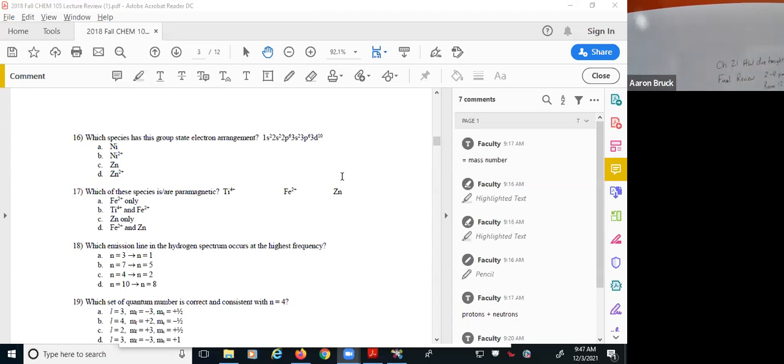All right, number 17. Like I warned you a couple of questions ago, here's that term. Now we know what that term means, though. We're looking for unpaired electrons. In particular, we're looking for unpaired electrons in that orbital notation. So what you really want to do is draw out the noble gas configuration for each of them, which would be argon.